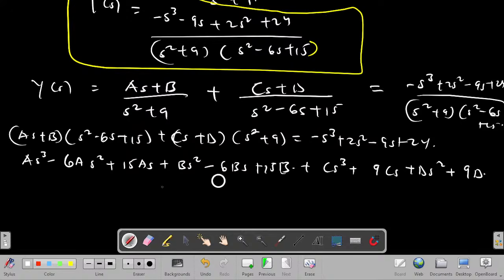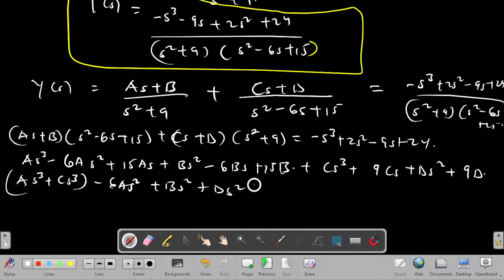So now with this, you group like terms. So all cubes will go on one side. I have As cubed, Cs cubed, right? So As cubed plus Cs cubed on one side. Now the s squared: As squared plus Bs squared plus Ds squared. So plus Ds squared, right? Then this one too in another bracket. That was minus.